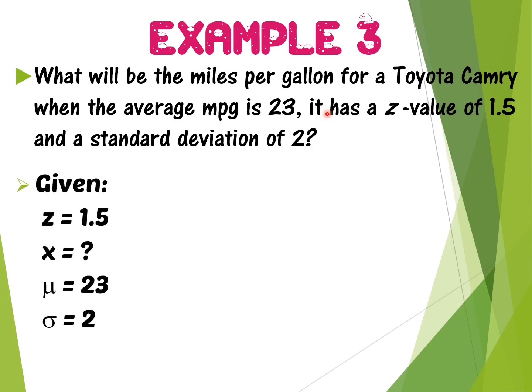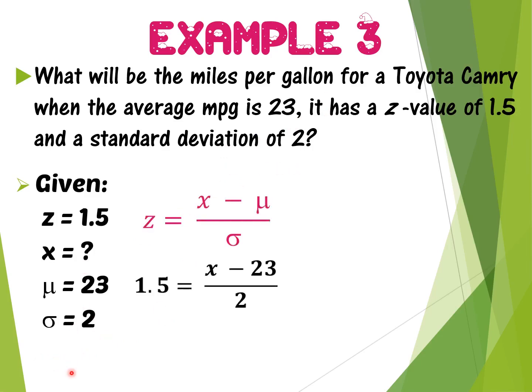So this will be our given. The mean is 23 and your standard deviation is 2. Using the formula, and by substitution, 1.5 is equal to the raw score minus 23 divided by 2. All you have to do is cross multiply. So 1.5 times 2 gives you 3, equal to x minus 23.